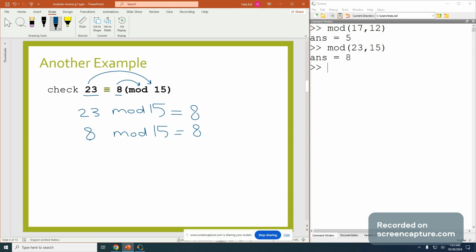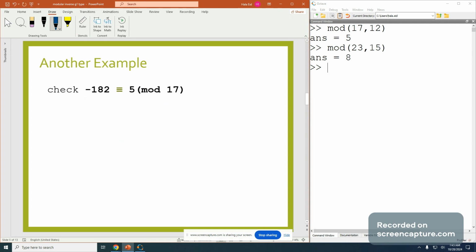Okay, let's take one more example. Is negative 182 congruent to 5 mod 17? So we're looking: would negative 182 mod 17 give me the same answer as 5 mod 17? I know that 5 mod 17 is equal to 5 because a smaller number mod a big number gives me the smaller number itself.